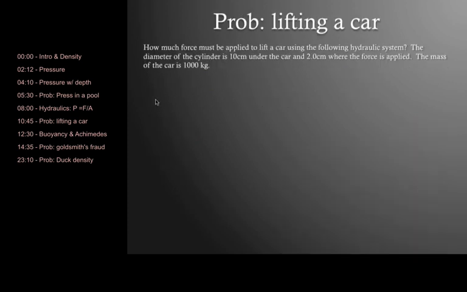Here we have the same scenario that we had before, but now with a few numbers. This diameter is 2 centimeters, and this connects over to a place that has 10 centimeters. And here we have the car, M car g.